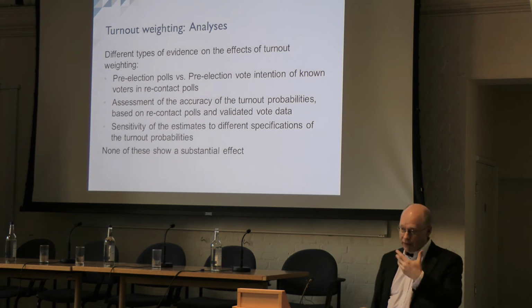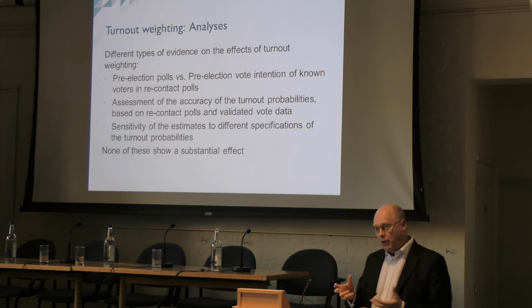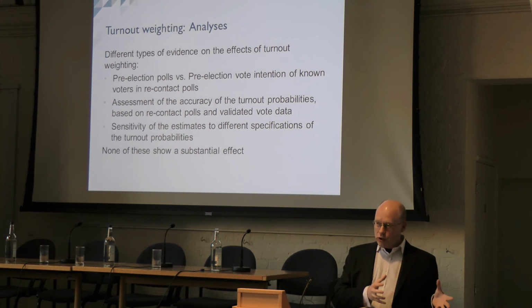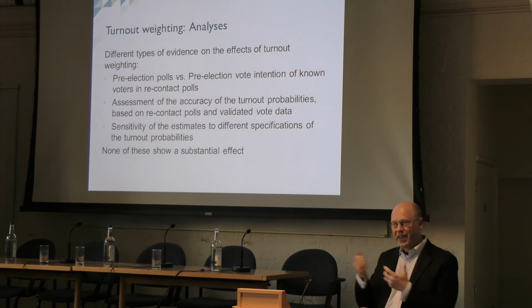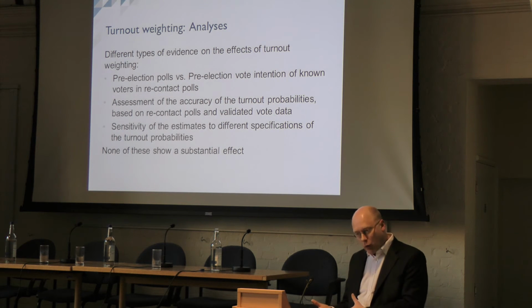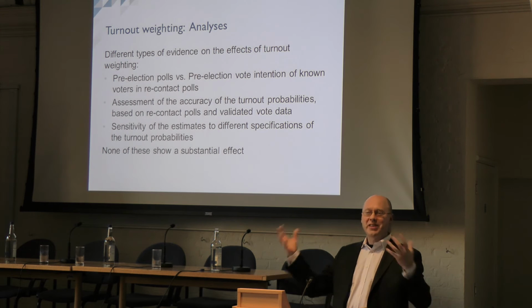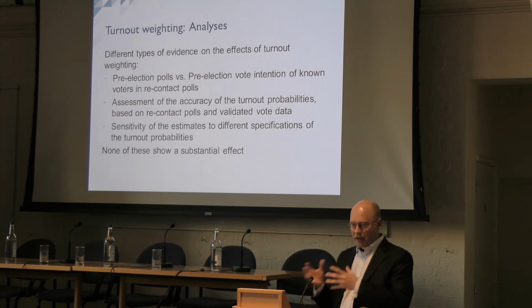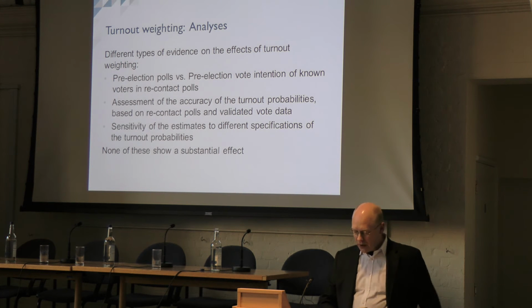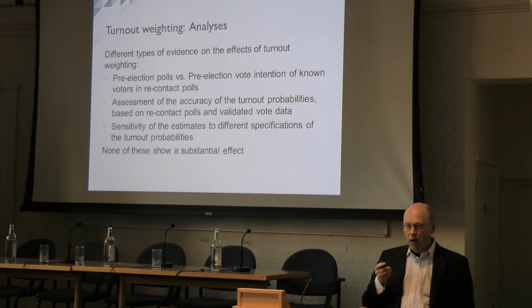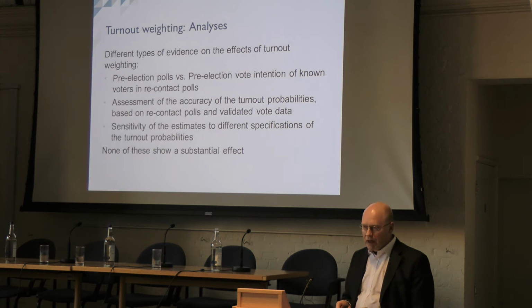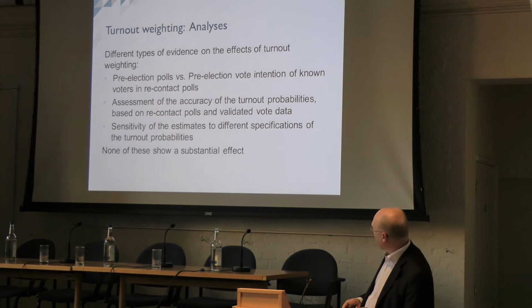And then finally, a different kind again, which is sensitivity analysis, where you take what was done, the turnout probabilities that the companies used, and change them in some way. Use different choices that could have been used but weren't, or that an omniscient being might have used if they had known everything, and see what happens. The last one is one that I'll show you next, but the bottom line is that none of these show a really substantial effect, or even a moderate effect, really.